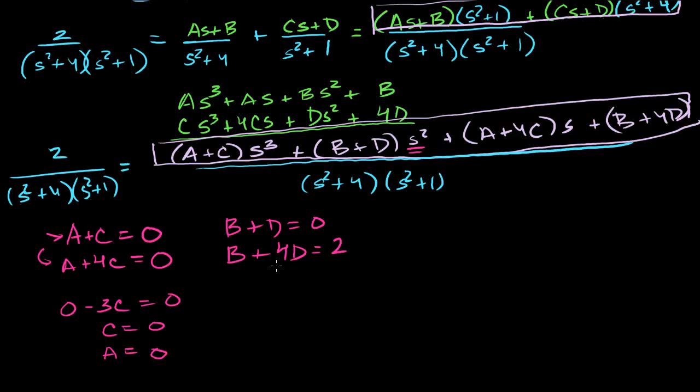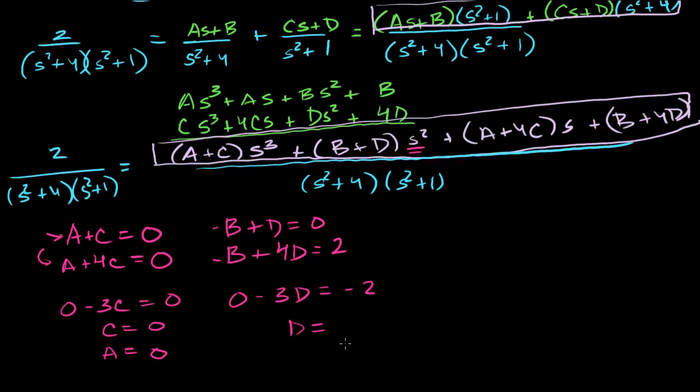And let's do the same thing here. Let's subtract this from that. So you get b minus b is 0. And then minus 3d, that's just d minus 4d. And then 0 minus 2 is equal to minus 2. And then you get d is equal to, what do we get?